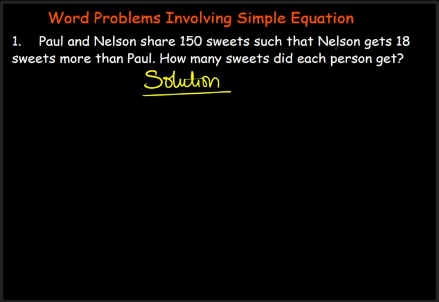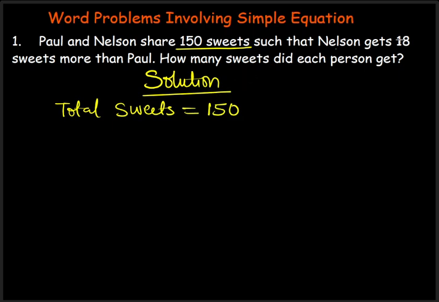So let's see. Of course, we have to take down what we are being given. Paul and Nelson share 150 sweets. That's the first thing we need to take note, and that stands for total sweets. Total sweets is equal to 150.